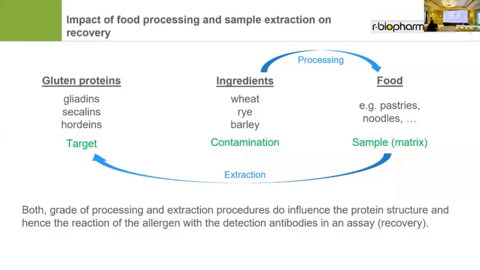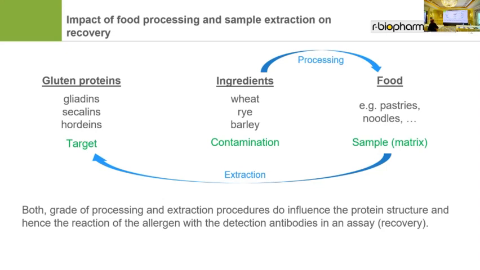And I summarize this here in this slide. So we have in the middle ingredients which are perhaps contaminated with wheat, rye or barley. So we have perhaps gluten from these cereals inside our ingredients. And with the preparation of food, for example, pastries, noodles, we have a processing step which will change these gluten proteins perhaps. And additionally, we have to respect that for the analysis, we have to extract these gluten proteins from the food.